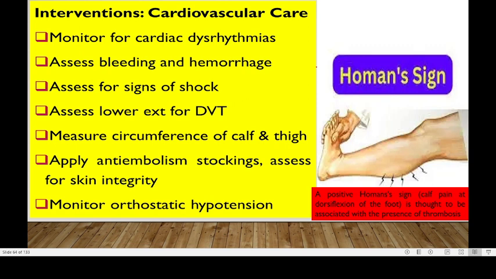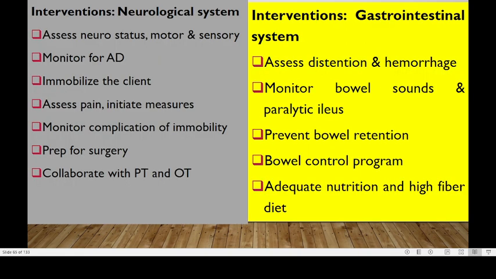For the cardiovascular system, you could perform the Homan's sign, calf pain on dorsiflexion of the foot. It is thought to be associated with the presence of thrombosis. For the neurological system, you assess neural status, immobilize the client, assess pain, initiate measures, and monitor complications of immobility.